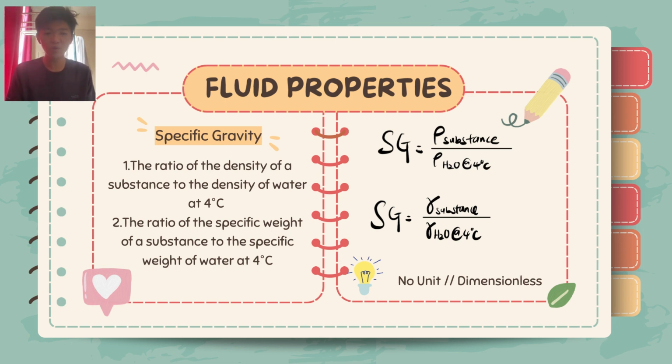It can be also the ratio of specific weight of a substance to the specific weight of water at 4 degrees Celsius as well. So we can clearly see the relationship between density, specific weight, and specific gravity. Note that specific gravity has no unit because it is the ratio of a variable due to the rule of dimension, which will be discussed later.